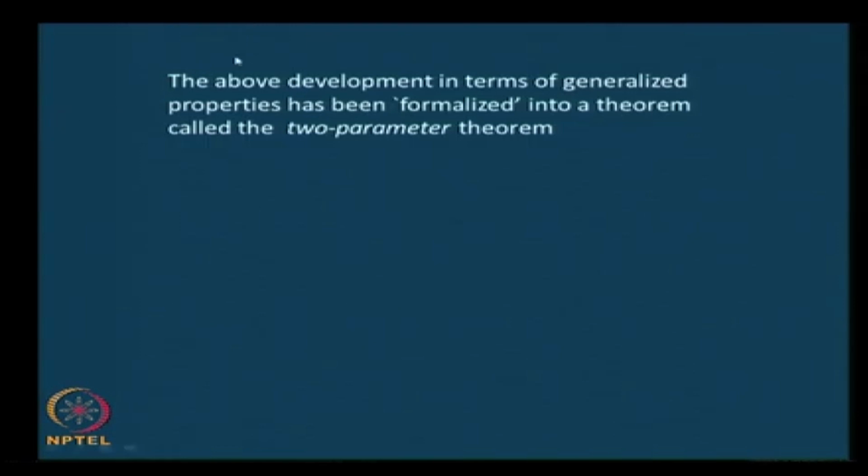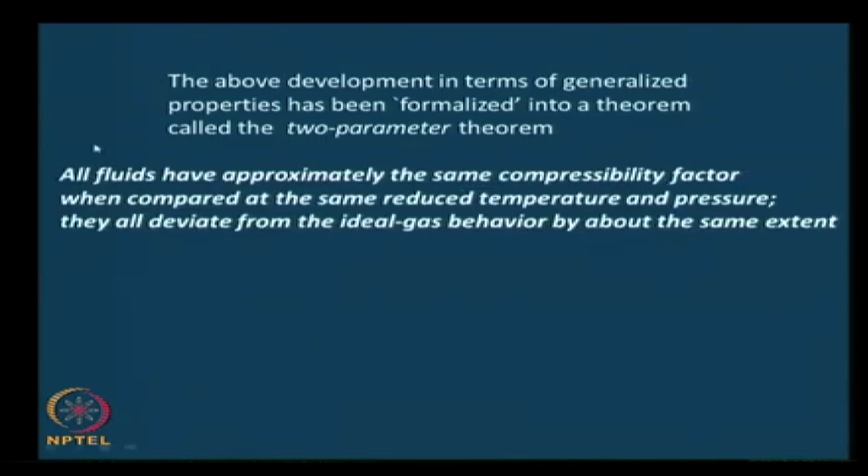Whatever we have said so far about generalized equations of state has been formalized into a theorem called the two parameter theorem, which essentially states that all fluids have approximately the same compressibility factor when compared at the same reduced temperature and reduced pressure, or in other words, they all deviate from ideal gas behavior by about the same extent. This is essentially saying the same thing we mentioned earlier, but it brings in another perspective.